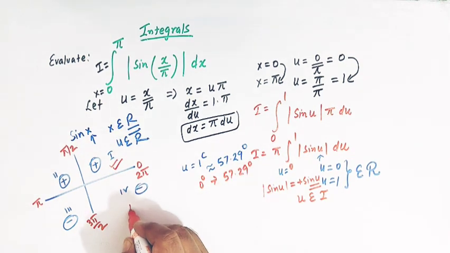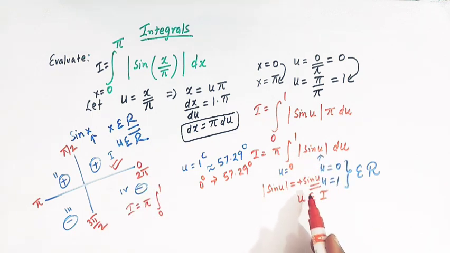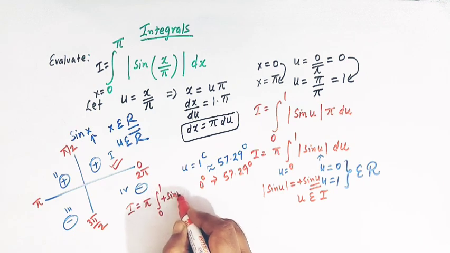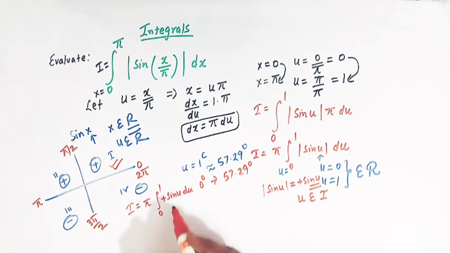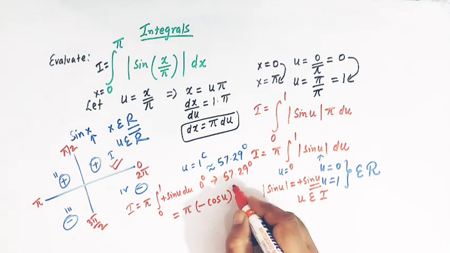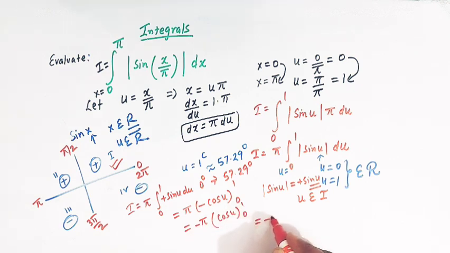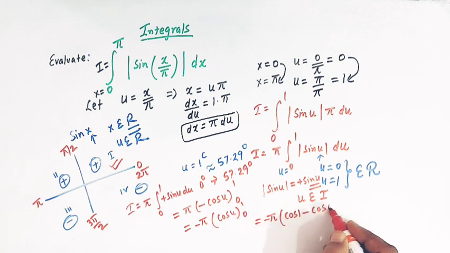Now this integral I can be written as pi times the integral from 0 to 1 of sine u du. The integral of sine is negative of cos, so we have negative cos u with limits from 0 to 1. Taking the negative sign outside, we substitute the limits and take the difference: cos of 1 minus cos of 0.